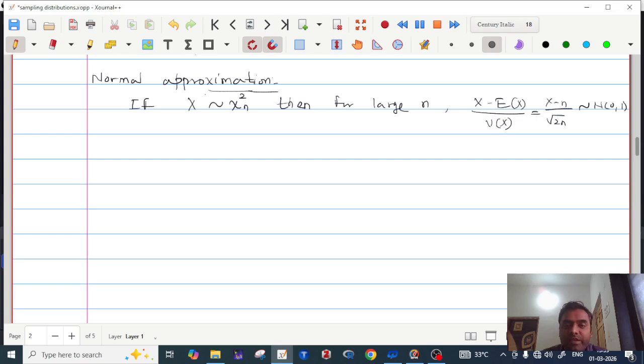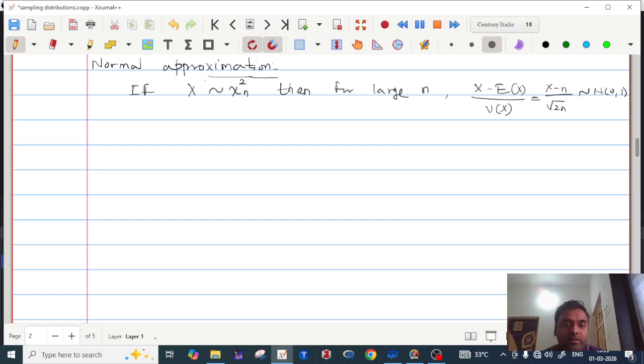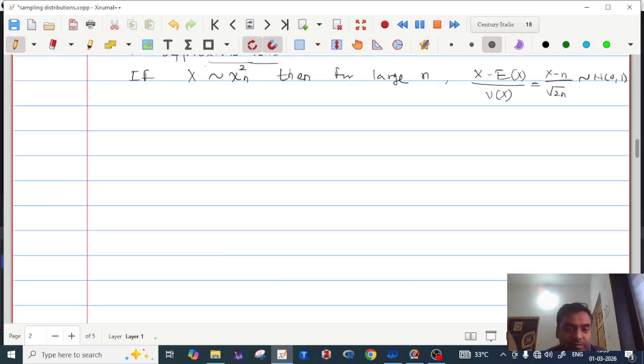So if x is chi-square n, then for large n, the distribution of x minus n upon the square root of 2n follows normal 0, 1. This is the normal approximation.